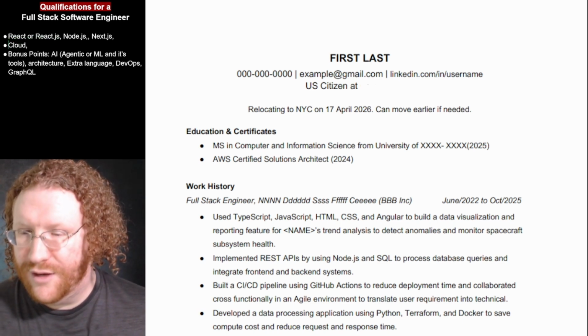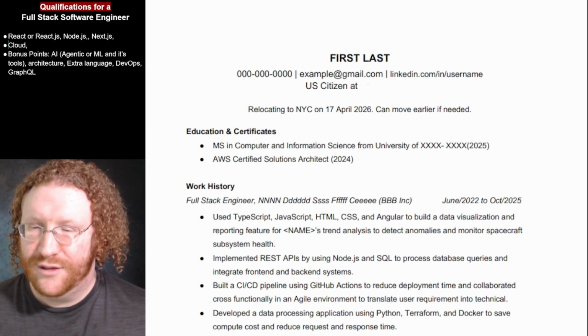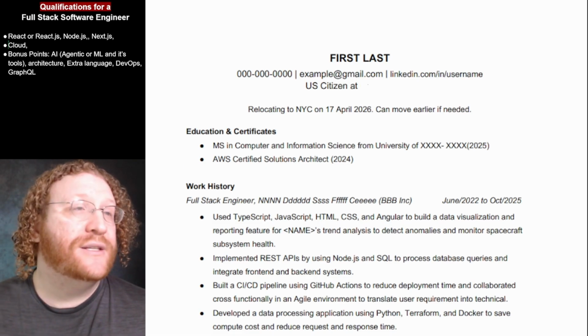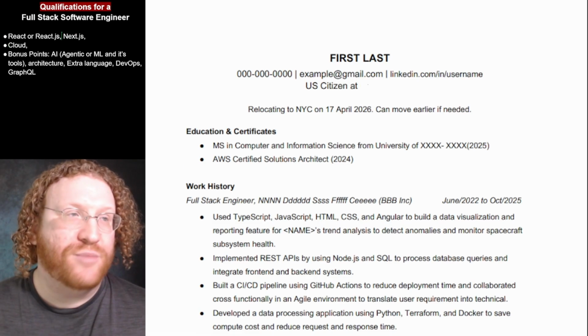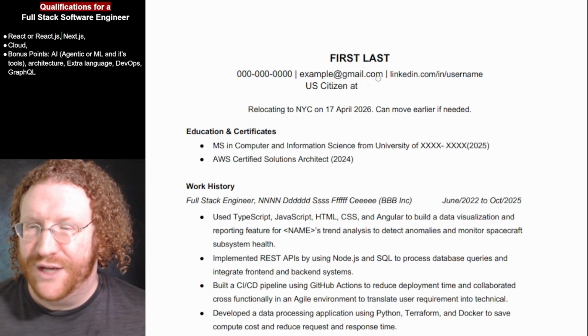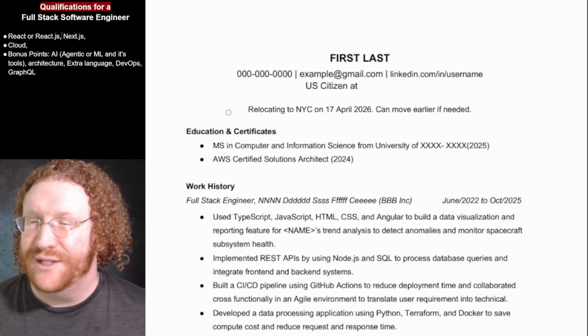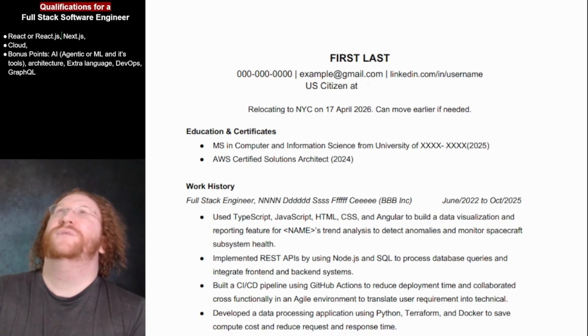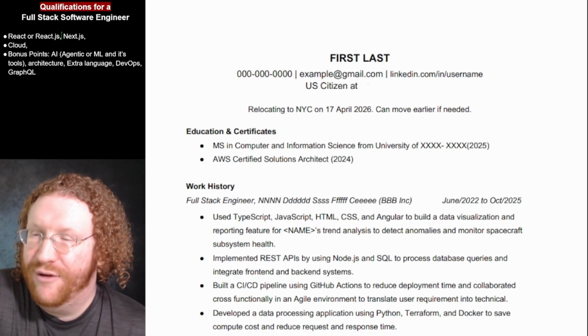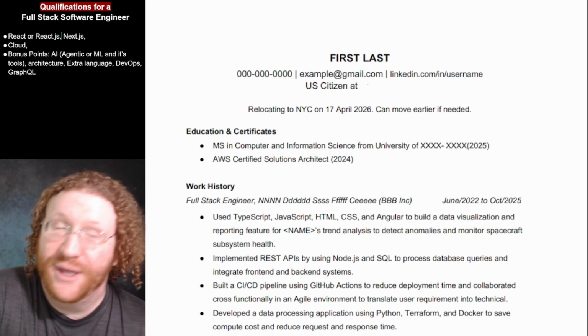I don't know if I see React. No React, but I do see Node. So yeah, your big issue is probably just the fact that we want to make sure that they read this. So U.S. citizen that is relocating to New York. And startups, I realize if you're applying there are a little bit different, but otherwise this is probably the best you can do.